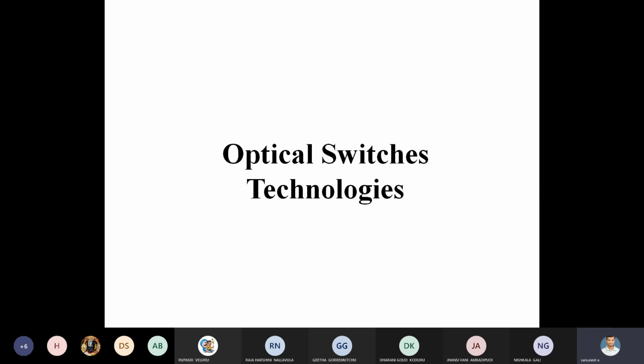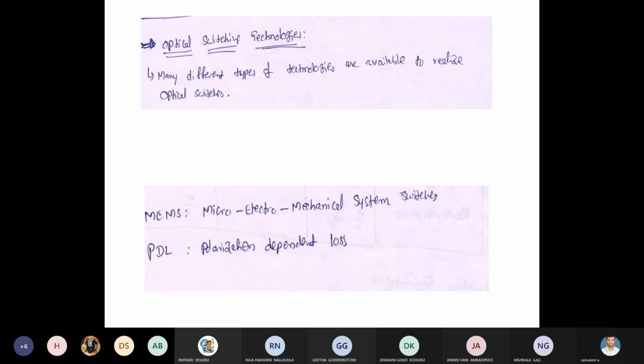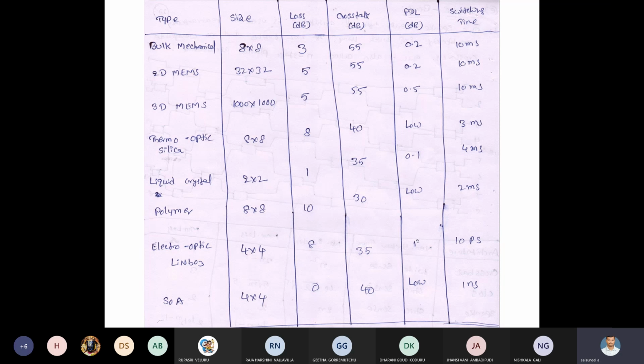Optical switch technology in real time. There are different types of optical technologies available to design these optical switches. The best ones are MEMS and PDL. What is meant by MEMS? MEMS is nothing but micro electromechanical system switch. And what is PDL? Polarization dependent loss.